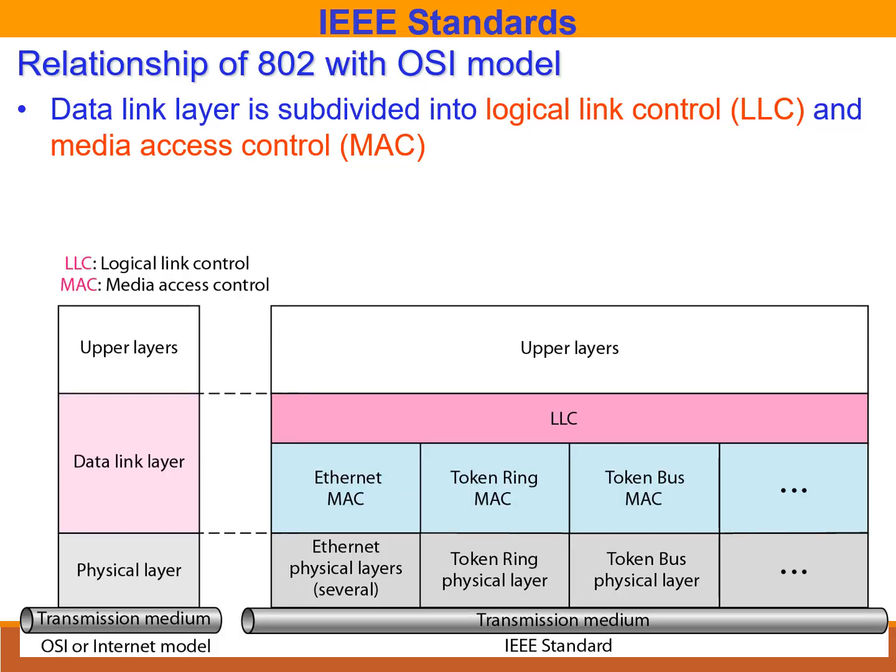So the relationship between 802 and the OSI model is that we have the upper layer, data link layer, and physical layer. I already told you that we have LLC and MAC. The first one is the logical link control. In logical link control, it handles framing, flow control, and error control.